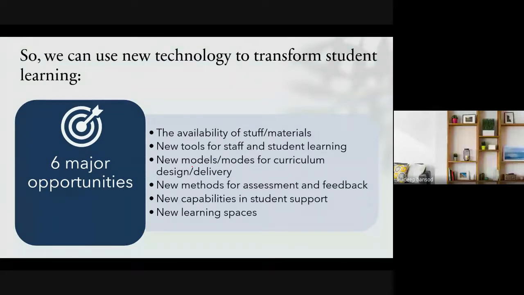There are six major opportunities. That is the availability of stuff. The widest material is available on the internet. No doubt, something is false, something is good, and something is overwhelming.